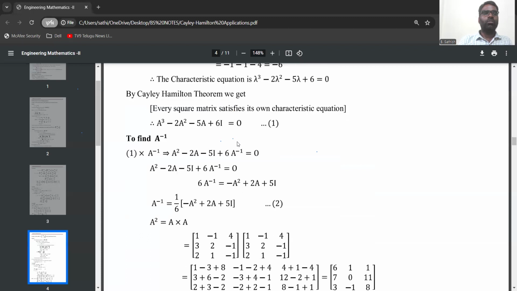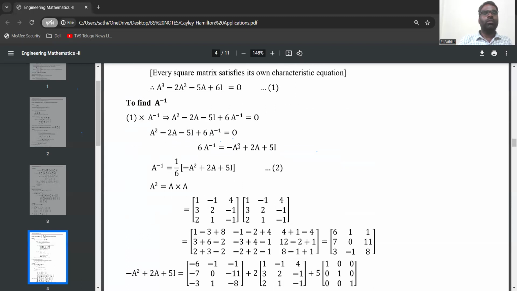So now our question is to find the A inverse. Simply, in the above equation we have 6I. So simply multiplying the above equation with A inverse, we get A inverse in place of I, and again we know that A into A inverse equals I. Simply in place of A A inverse we get I, and A cube reduces to A square.